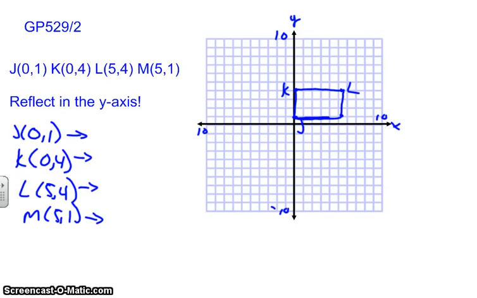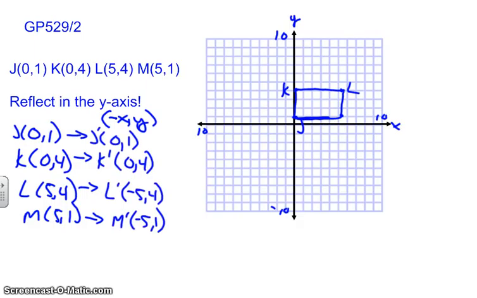So does everyone recall what is changing? If we're going across the y-axis, which value becomes opposite? The x, right. So if you wanted to write that as a rule, you could go -x and keep the y value the same. -x, y. Okay, so we did the math, changing all of our x values to the opposite.